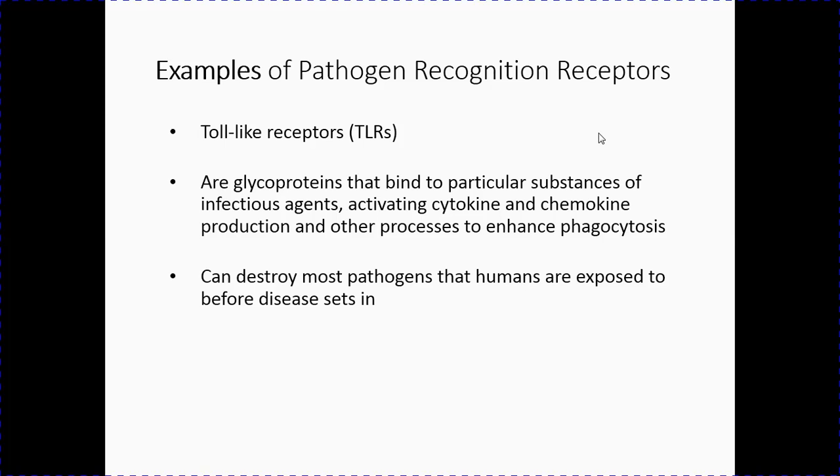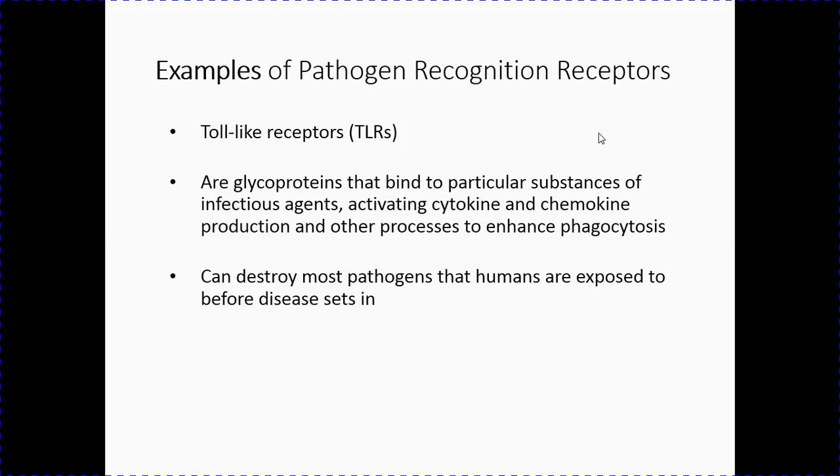Toll-like receptors are simply a type of pathogen recognition receptor on phagocytic cells. So, what are toll-like receptors? Toll-like receptors, let's start with what's in a name. Toll-like receptors, toll-like. What that's referring to, and honestly I think they made this more difficult than it needed to be.